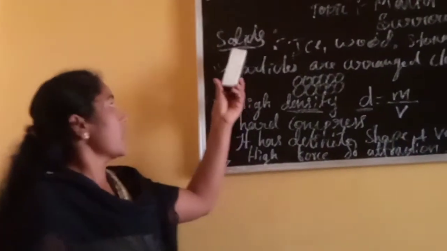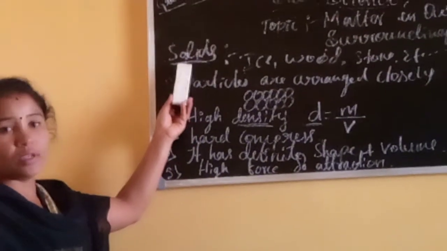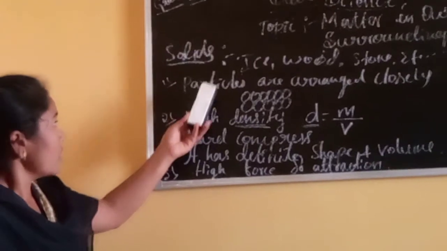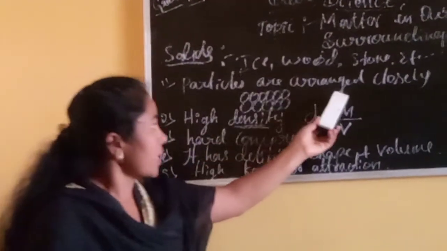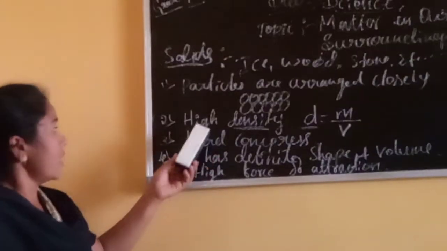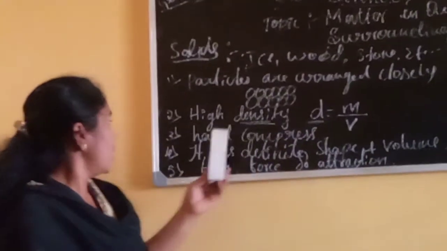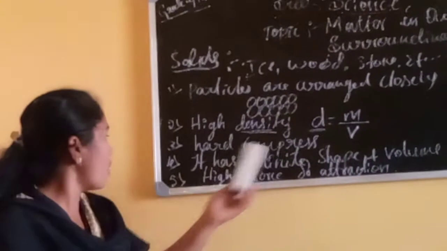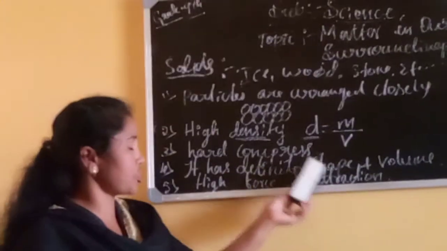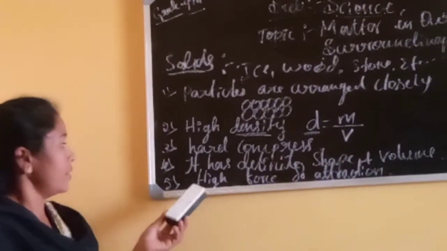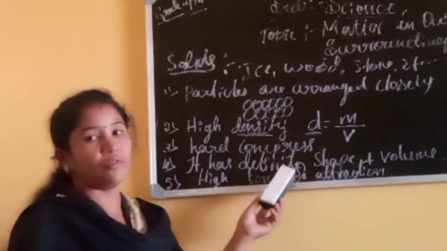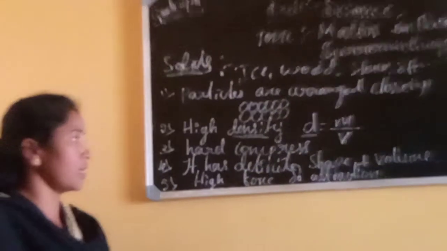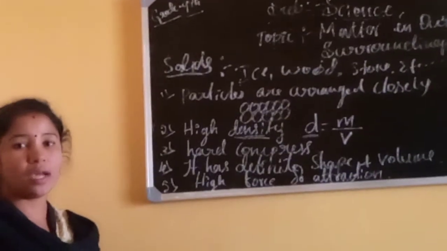These are the properties of solids. See, particles are arranged closely, high density, and also hard to compress, and it has a definite shape and volume and also a high force of attraction. These are some properties of solids.